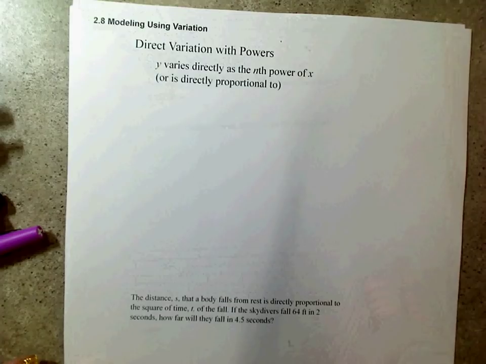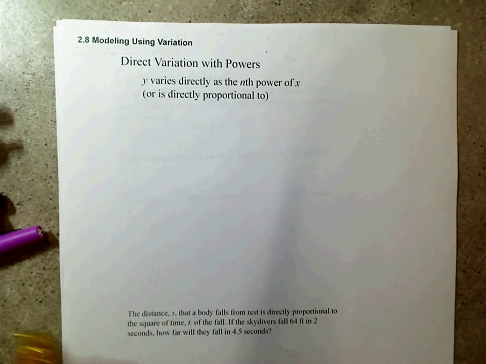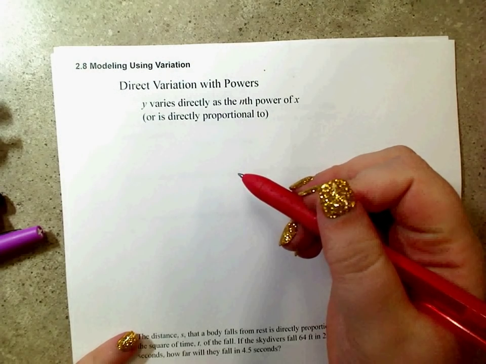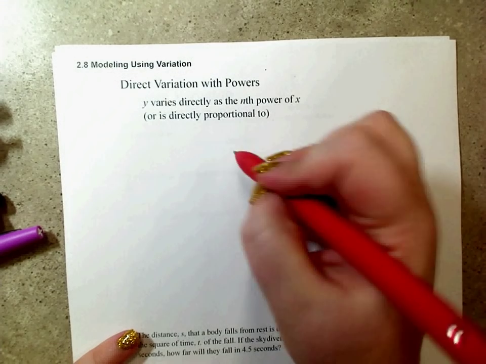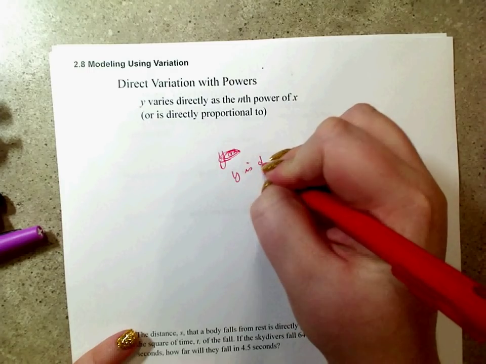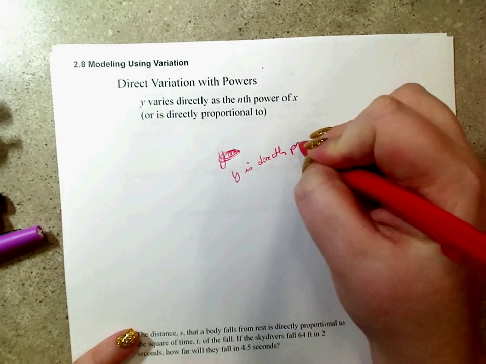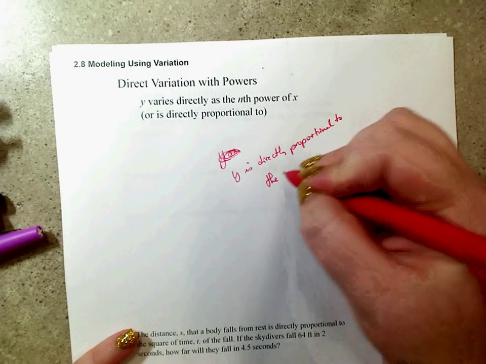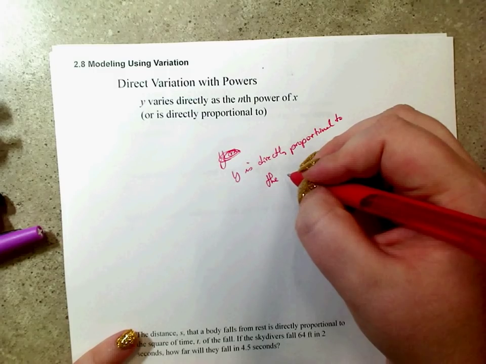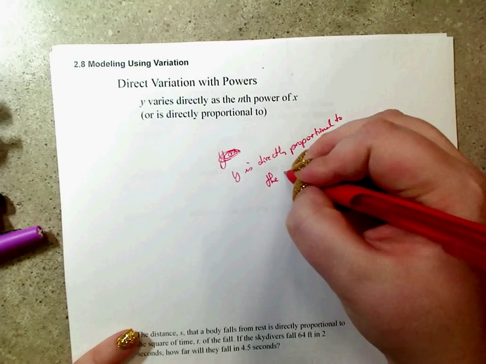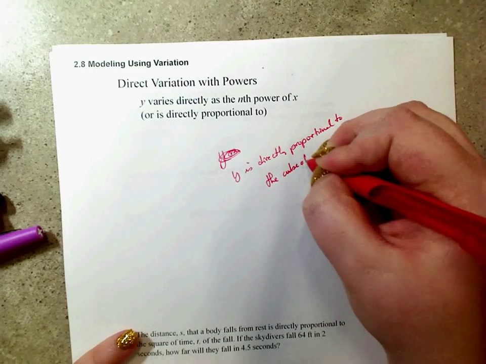Okay. Now, direct variation with powers. The point is that it doesn't have to be just the variable. You could say y is directly proportional to the cube of x.